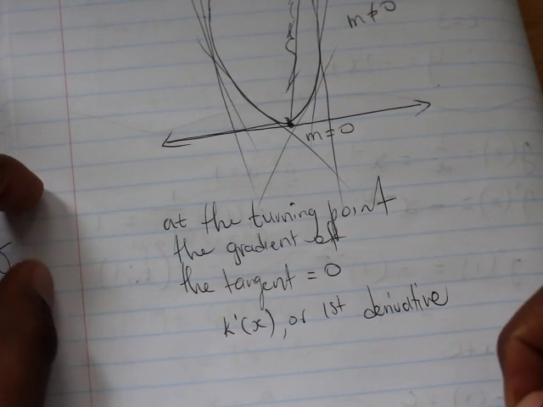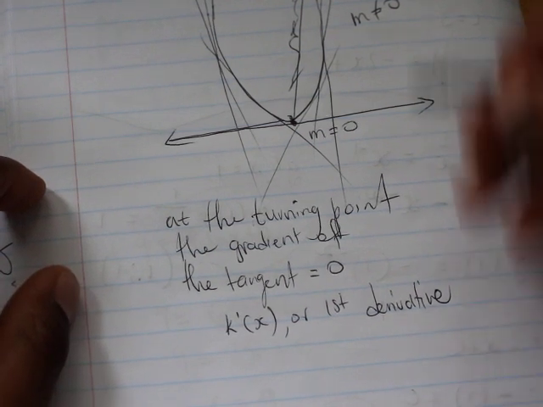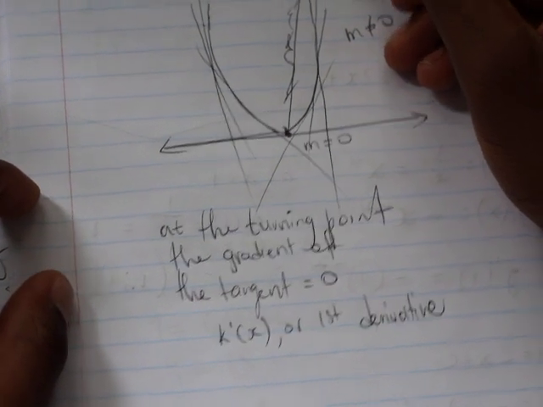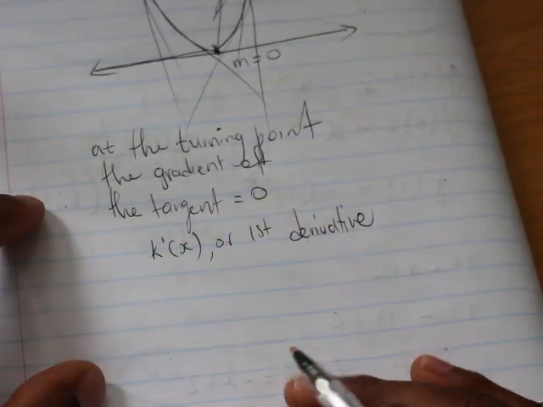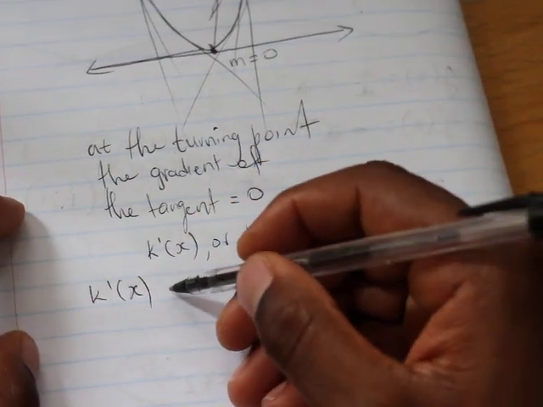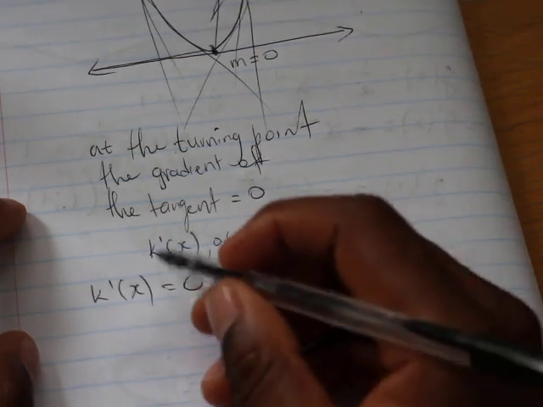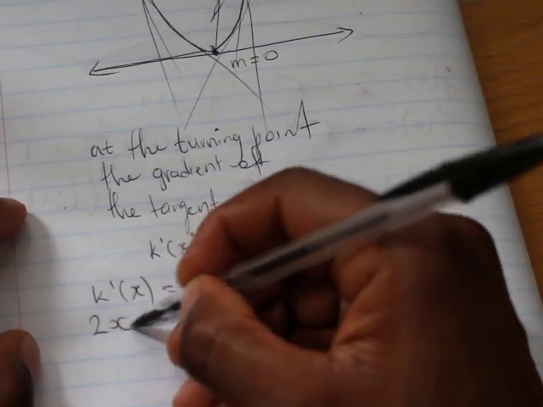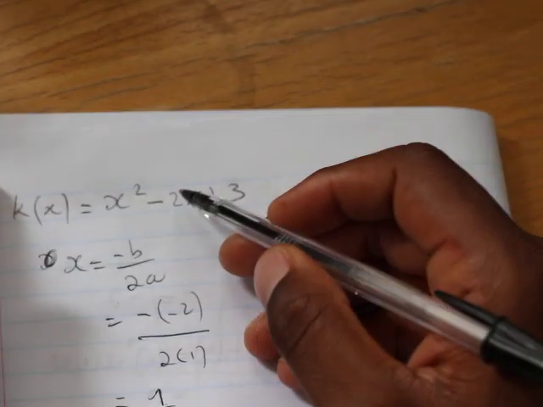That's the gradient of the tangent. So if you want the x value there, you can use the fact that k prime of x, which is the gradient of the tangent, is equal to 0. And k prime of x is obviously 2x minus 2. It's simply the derivative of that.